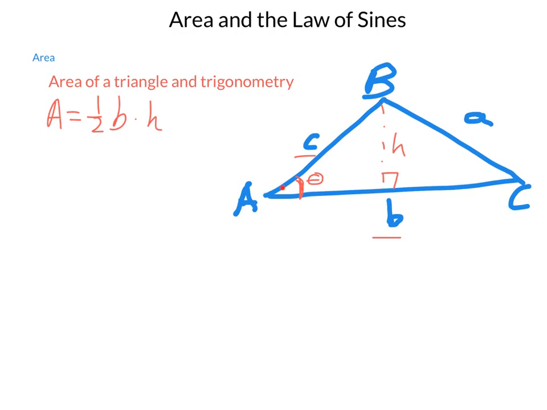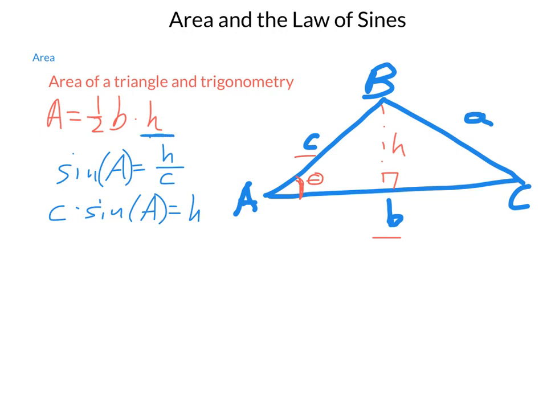And using our basic trig ratios, the sine of this angle A is this height, my opposite side, divided by the hypotenuse, which would be side C. So writing this out, I would end up with the sine of angle A equals that opposite, which is the height of my triangle, divided by the hypotenuse for it, which would be side C. Solving for h, I end up with C times the sine of A is that height.